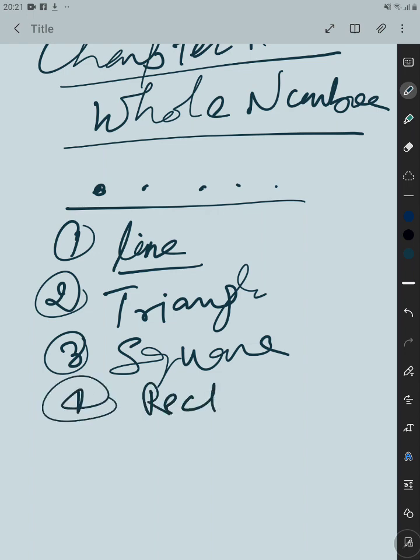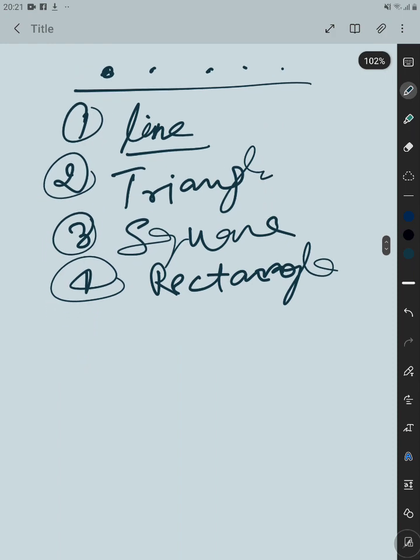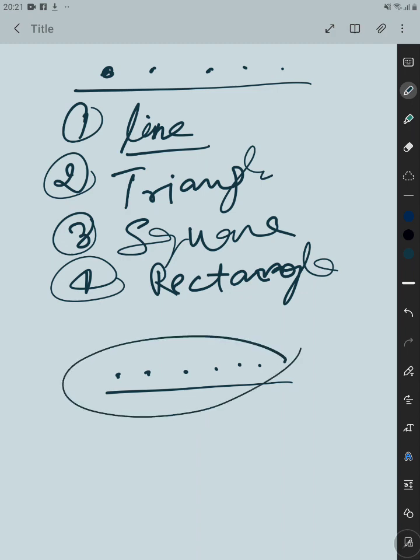You just wait and you will understand what I'm talking about. A line means a simple line. This is the pattern that can be made by any number, except 0 and 1.